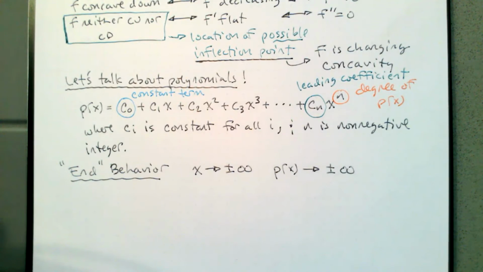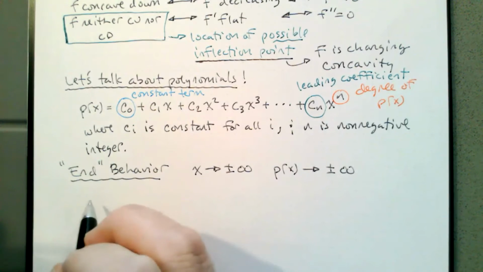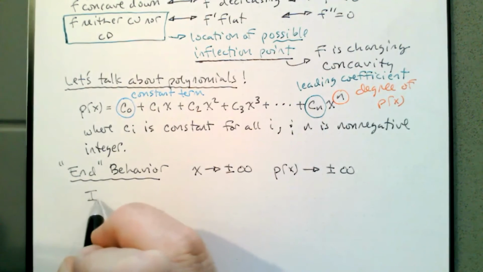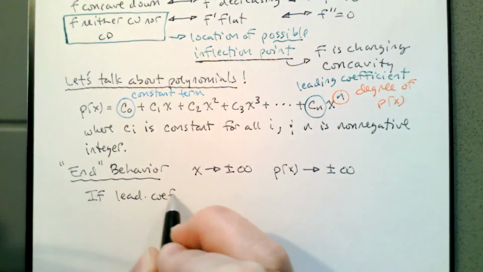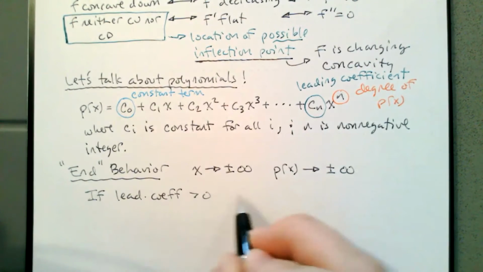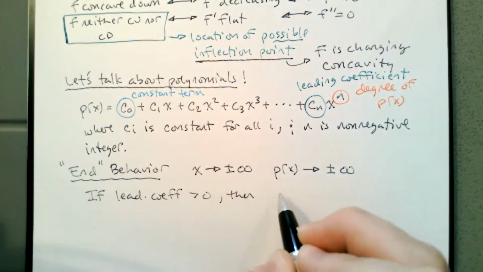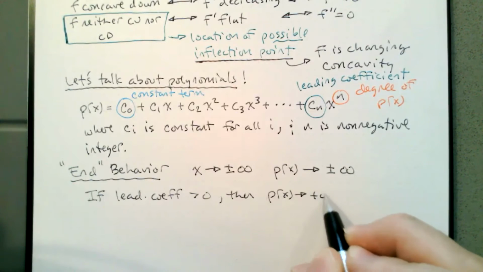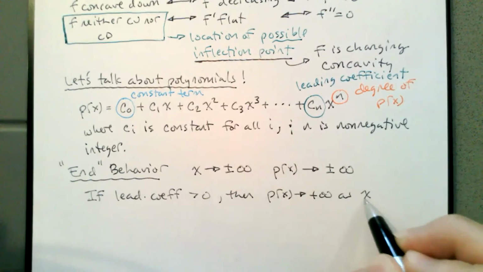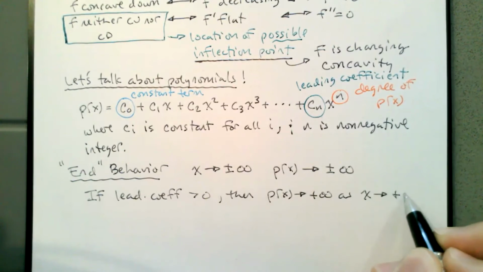If the leading coefficient is positive, then p of x will go to positive infinity as x goes to positive infinity.